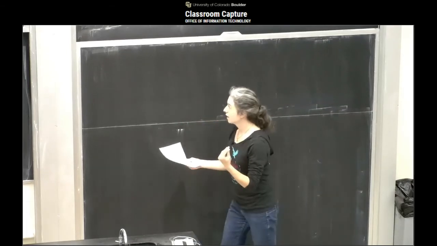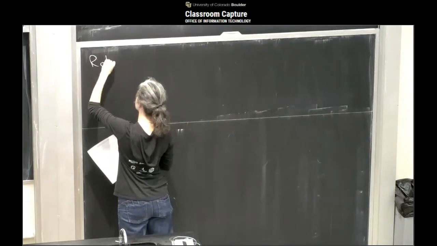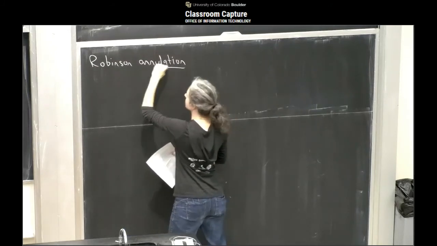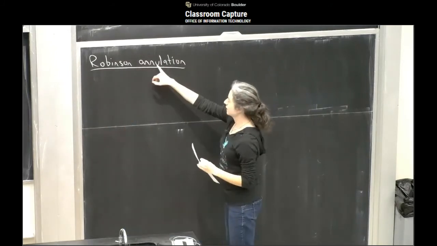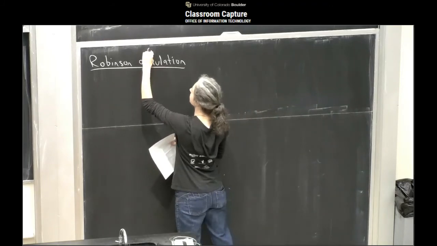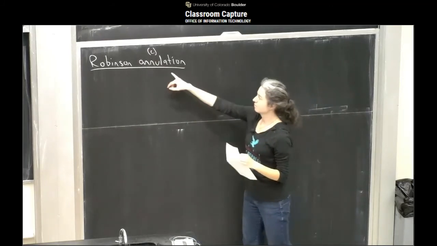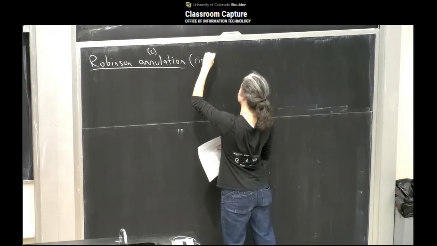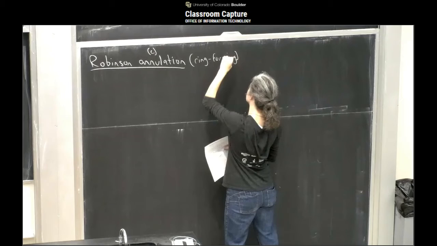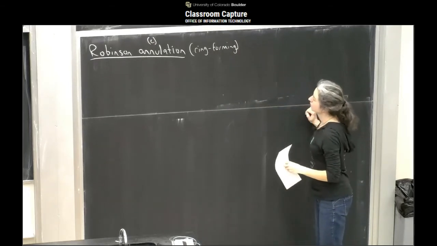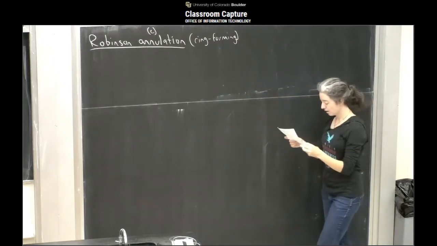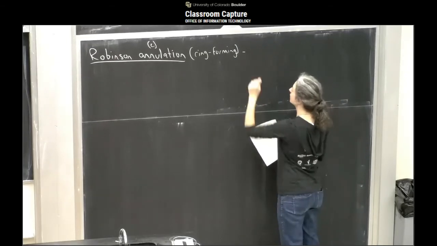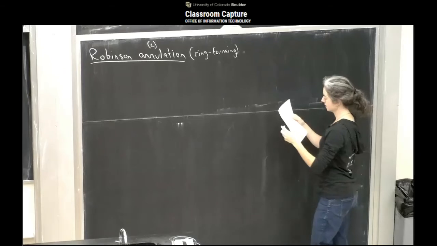Okay, so this one is called Robinson annulation. In British texts, sometimes they spell it differently, but this word just means forming a ring. Okay, so you start out with two molecules.